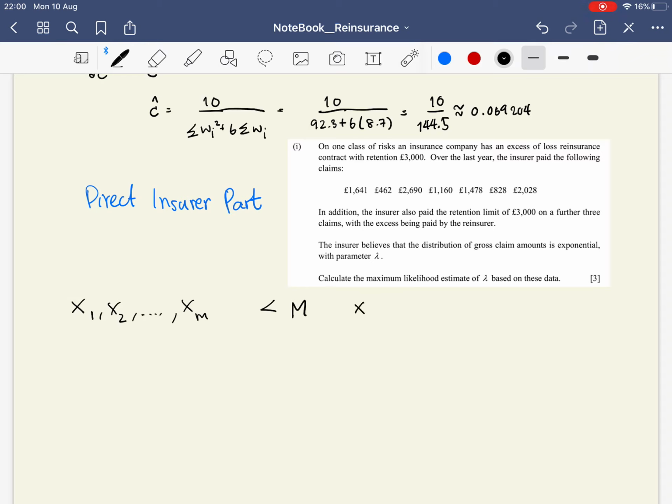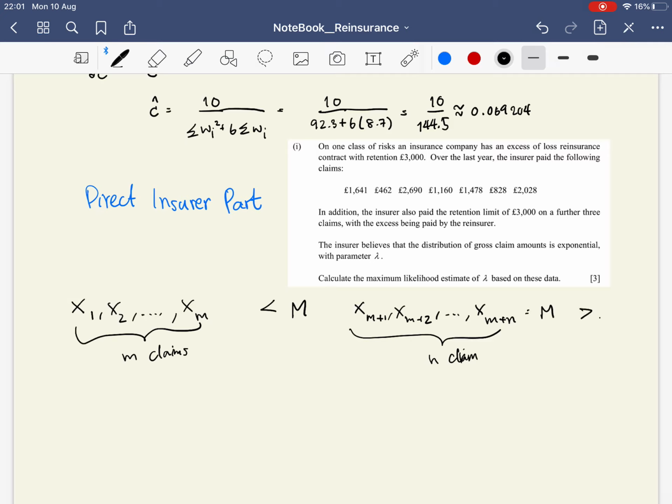And we have, let's say, xm+1, xm+2, all the way to xm+n. So this is m claims, these have n claims, and this n claim is reported to be m.